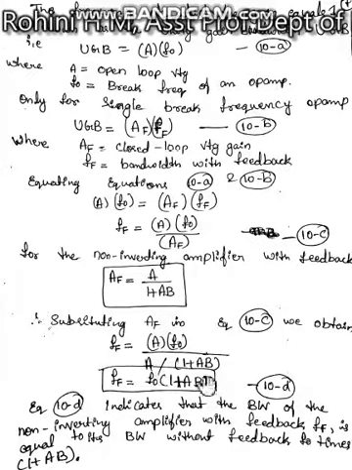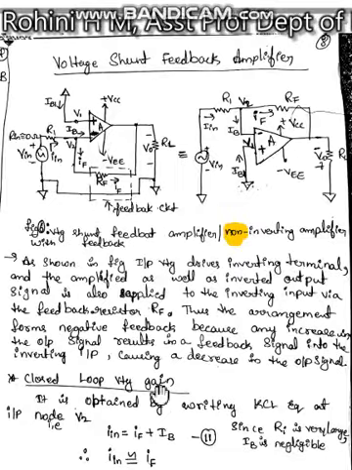This indicates that the bandwidth of the non-inverting amplifier with feedback is 1 plus A beta times the bandwidth without feedback.